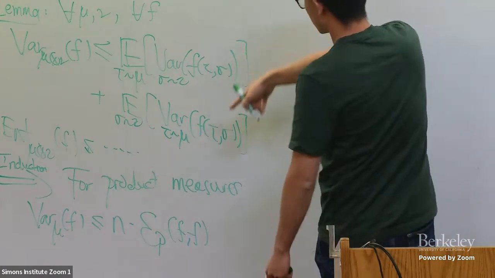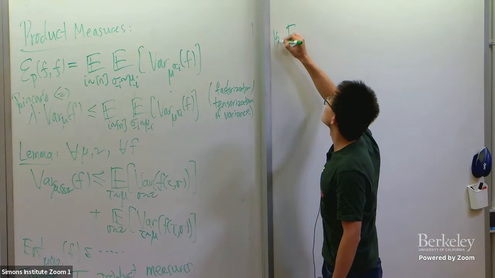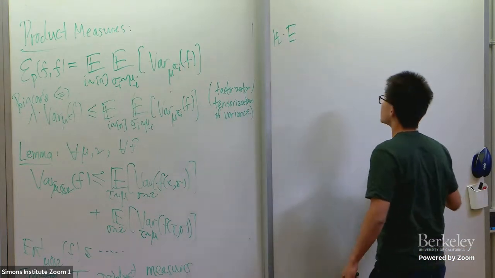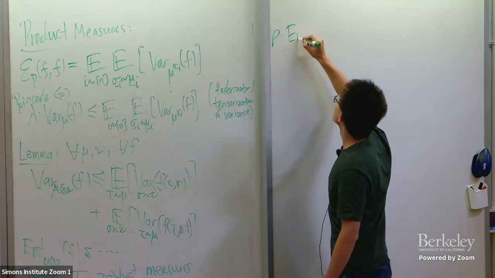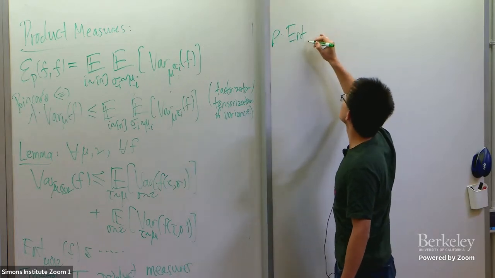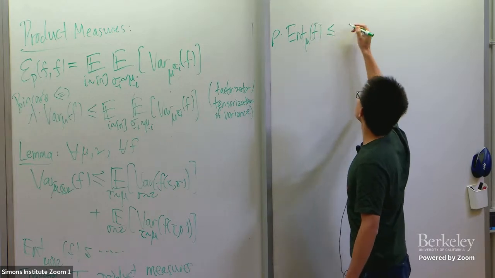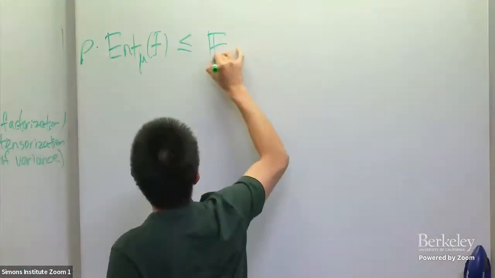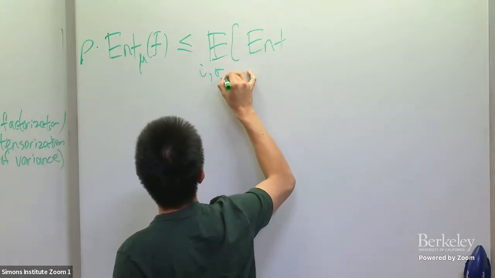If you have this sort of entropy factorization, with a slightly different constant, the global entropy of a function is at most the expected local entropies, i minus i.